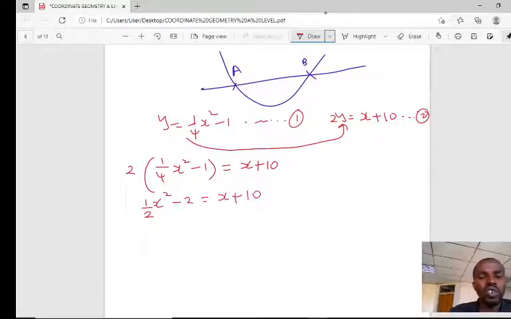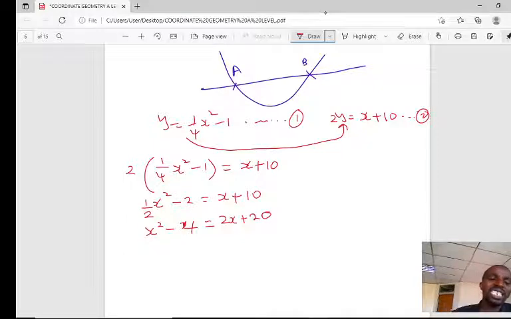Then remove the denominator. Multiply everything by 2 to get rid of the denominator. It will be x squared minus 4 is equals to 2x plus 20. Like this. Then collect everything to the left side so that you express it as a quadratic equation, which is ax squared plus bx plus c is equals to 0.